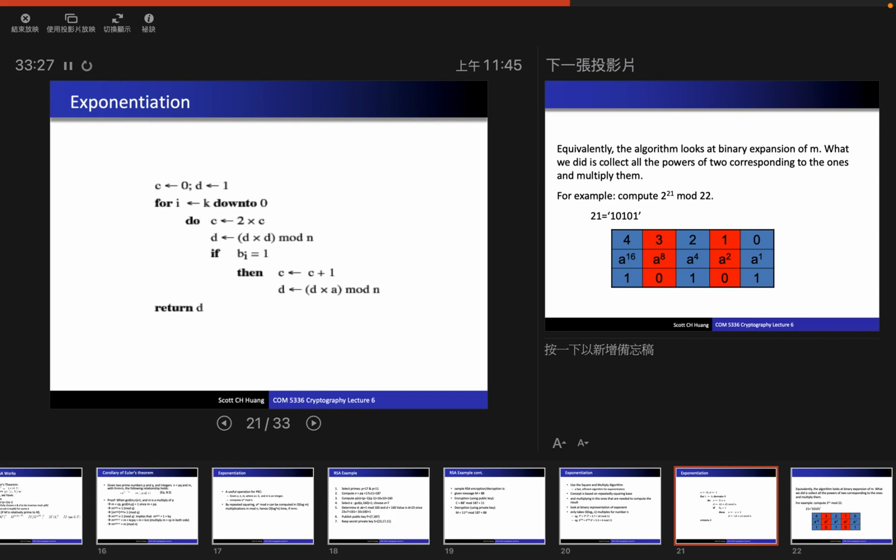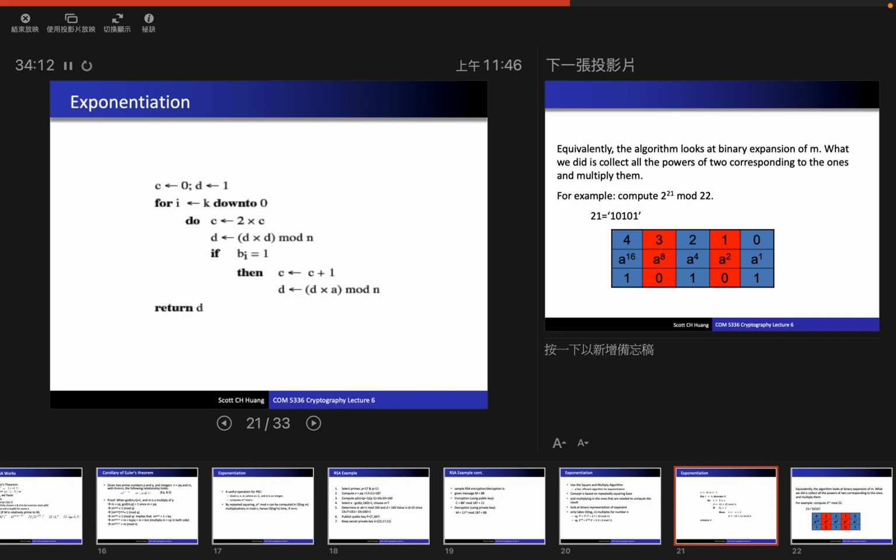So these C and D are just temporary numbers, the temporary numbers we use to handle the exponent. Okay, we handle the right shift, that kind of thing. And D actually saves the information of how many copies you want to do this multiplication. Okay, and then B is represented as BBI. So this is actually a very short algorithm.